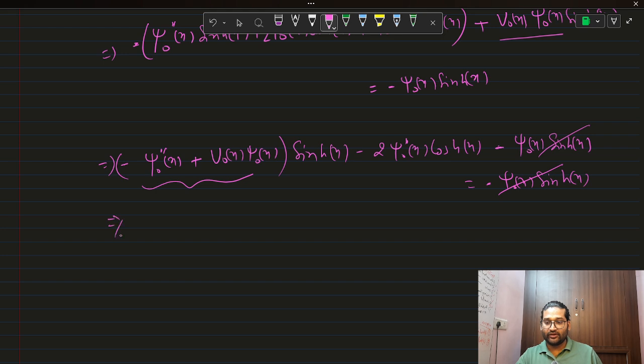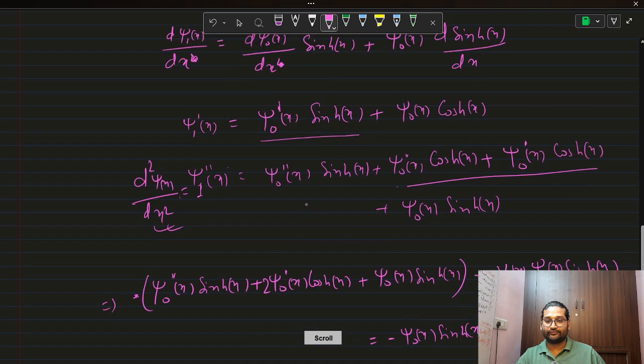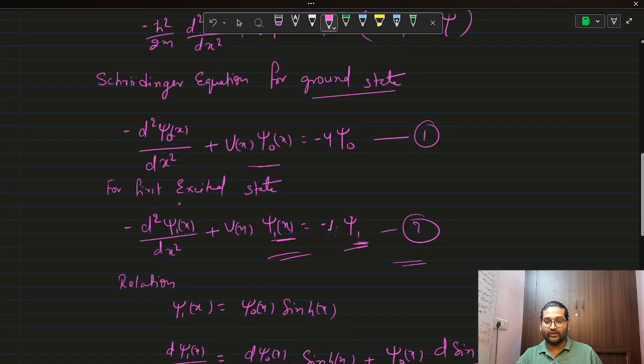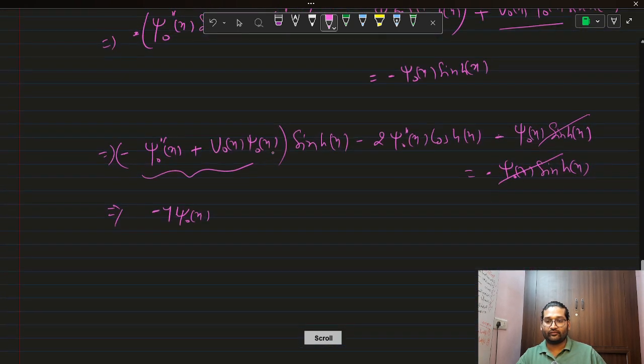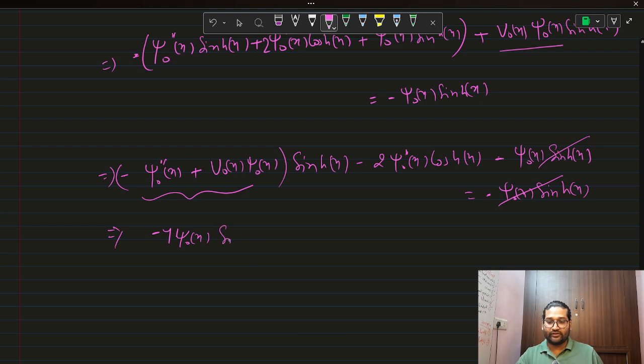Okay, so here we can write it as minus 4 psi naught x, because you can see this value is equal to minus 4 psi naught, and this is going to be sine hyperbolic x, minus 2 psi naught dash x cos hyperbolic x is equal to 0.